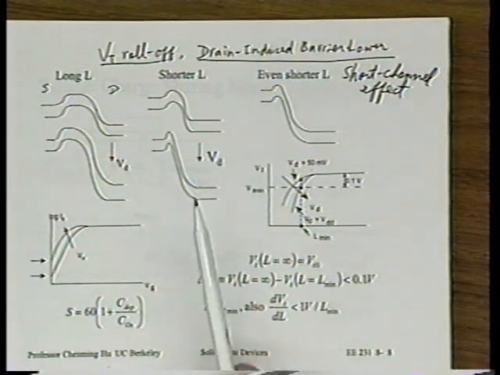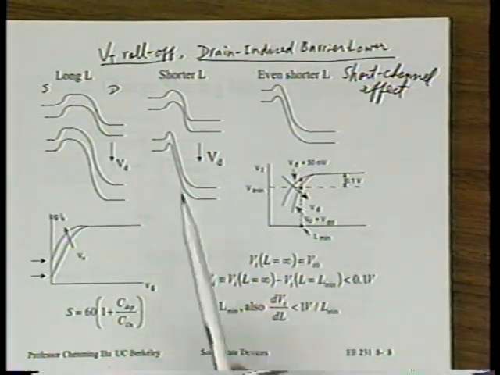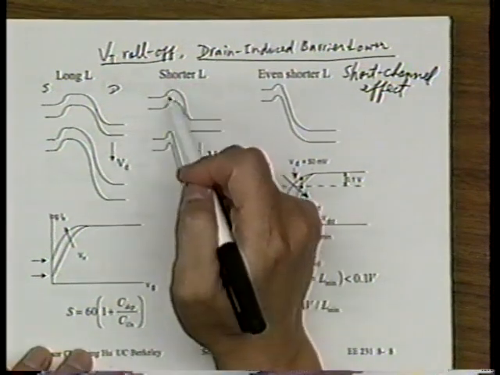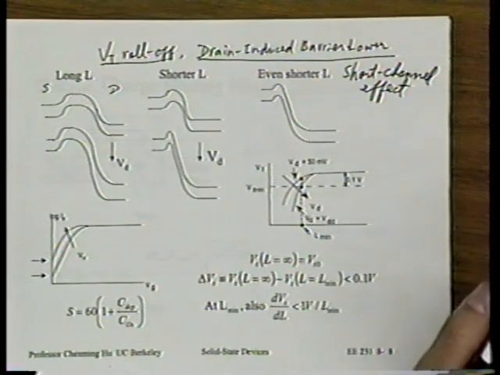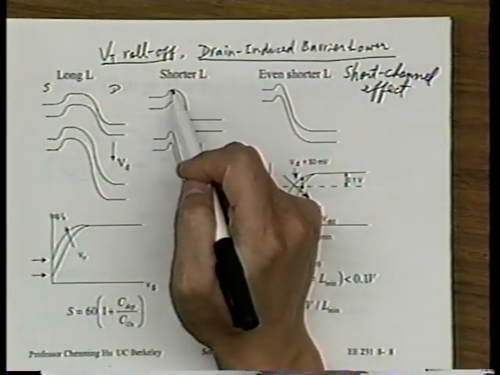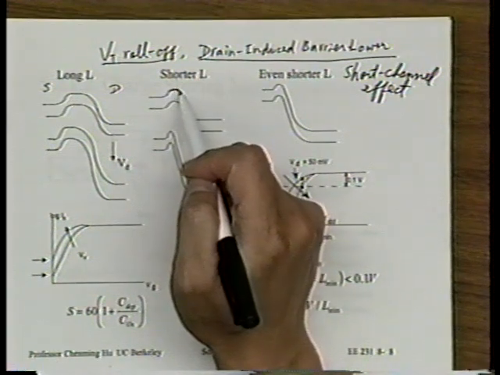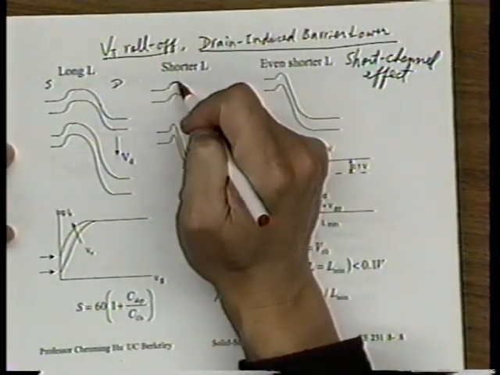Next, if we make the channel a little shorter, not too much shorter, because if we make it too much shorter, we're going to be in trouble. But to make it a little bit shorter, as you can see, we still reach the full maximum. There's still a flat portion here. So we don't see drain-induced barrier lowering.